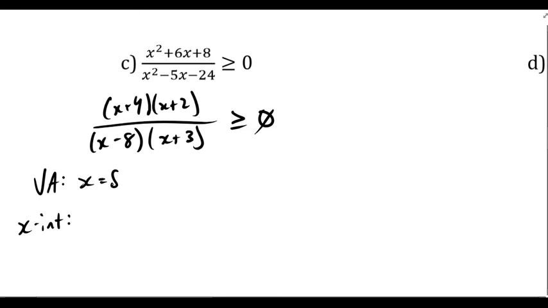So I got vertical asymptotes at x equals 8 and x equals negative 3, and x-intercepts at negative 4 and negative 2.